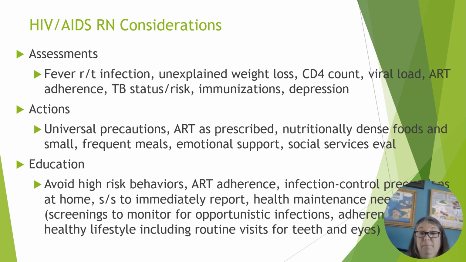Teaching, avoid high-risk behaviors. Consistent use of condoms, absolutely. Adherence to the treatment regimens, infection control precautions at home, right? Again, no cat, toxoplasmosis. Let's not do that. No lizards and stuff, right? Because of the salmonella. If there is a blood spill, clean the blood spill with bleach.